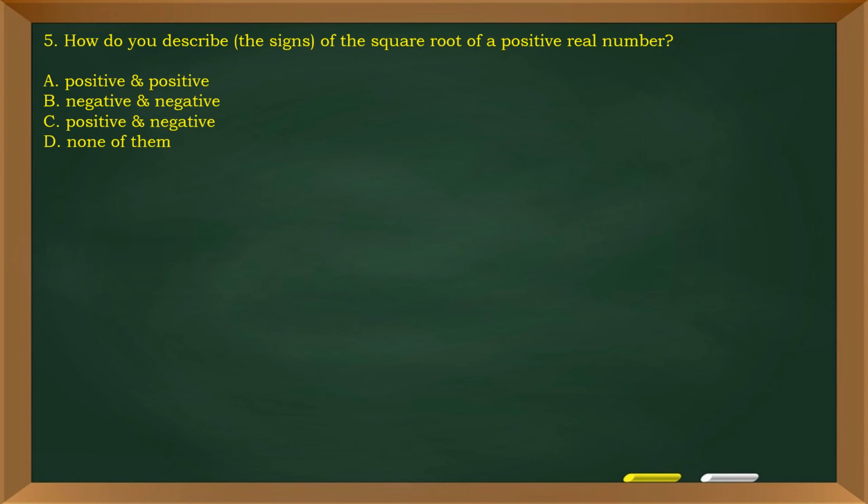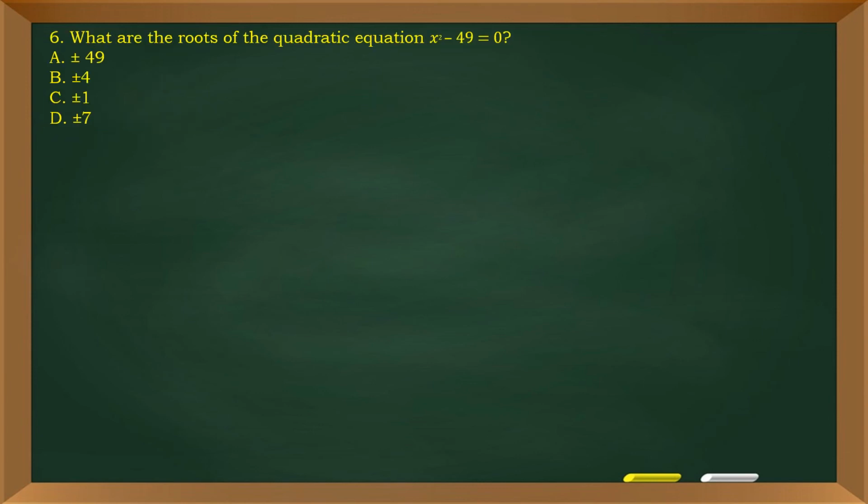How do you describe the signs of the square root of a positive real number? For example, you have the square root of 4. Its answer is plus or minus 2. So where is it? Positive and negative. That's letter C. Next, what are the roots of the quadratic equation x squared minus 49?